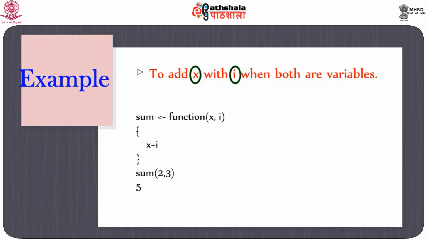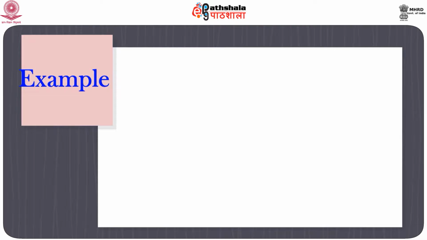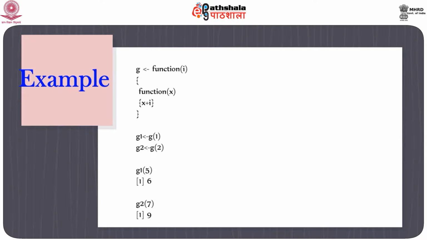One of the ways of handling it is we can define a function sum, which is a function of x and I, and we are just adding x with I. Now, keep on changing the values of x and y, and you will get the output that we had shown here. We can make it a function of I initially and then the function of x gradually.